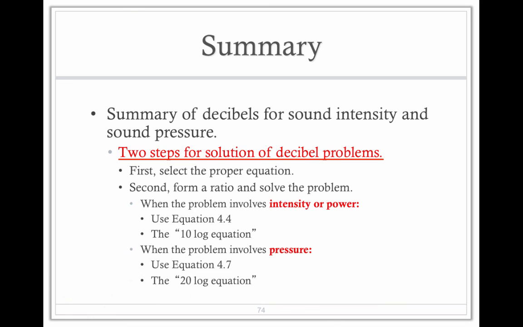So, decibels for sound intensity and sound pressure: there are 2-step solutions for these decibel problems. First, you choose the proper equation, then you form a ratio and solve the problem. If it's an intensity problem, you use the 10 log equation. If it's a pressure problem, you use the 20 log.